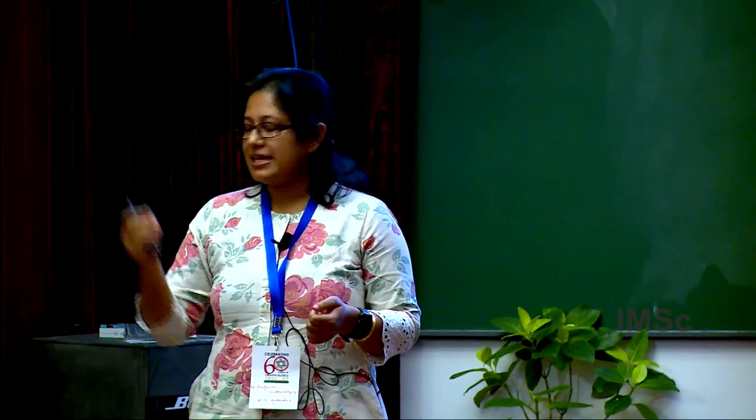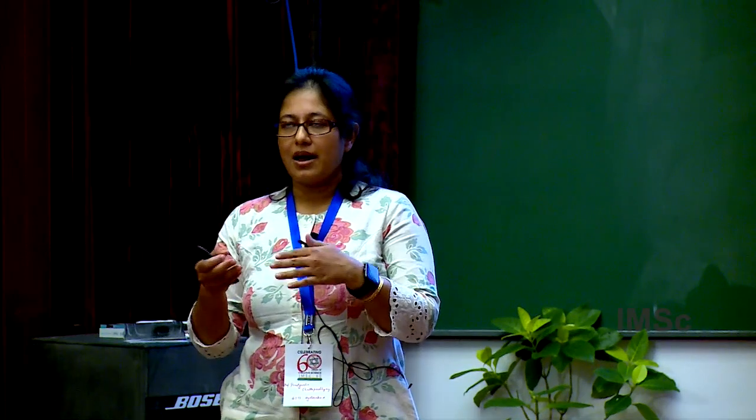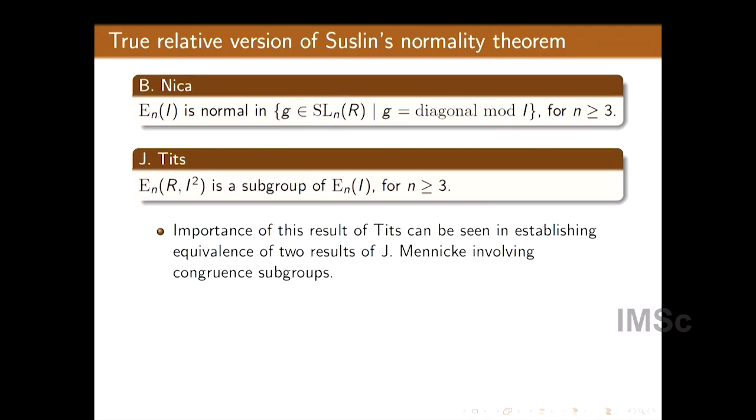Much later, in 2000, he proved another result, showing that the true relative elementary linear group is equal to the subgroup of SL N R generated by all those G such that G mod I is diagonal.